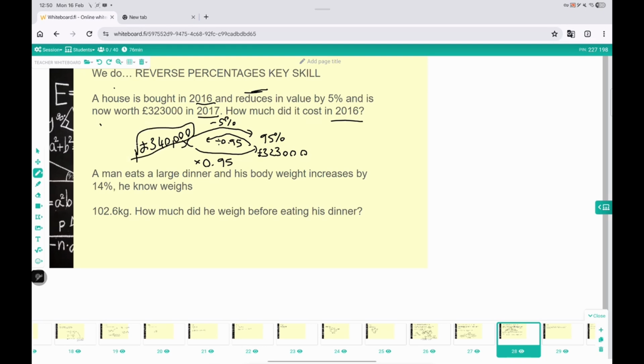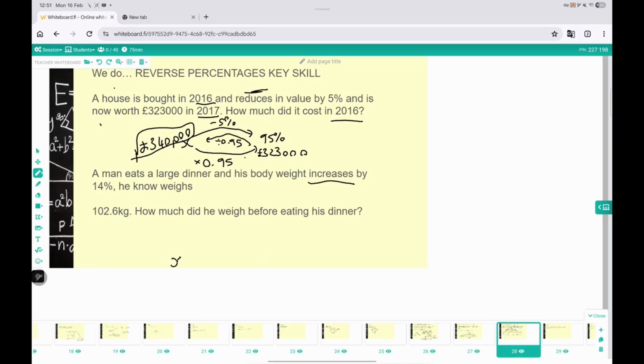Alright, a man eats a larger dinner and increases his weight by 14%. Okay, that is quite ridiculous. We'll get to how ridiculous that is in a minute.